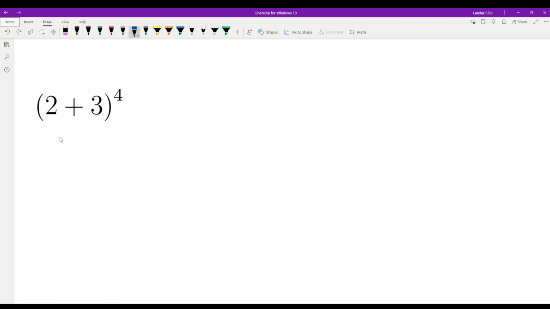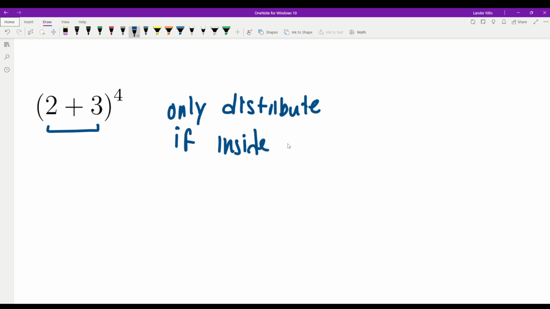Well, it would not, because not only is there not the same base, but we can only distribute exponents if what's inside the brackets is only multiplication or division.